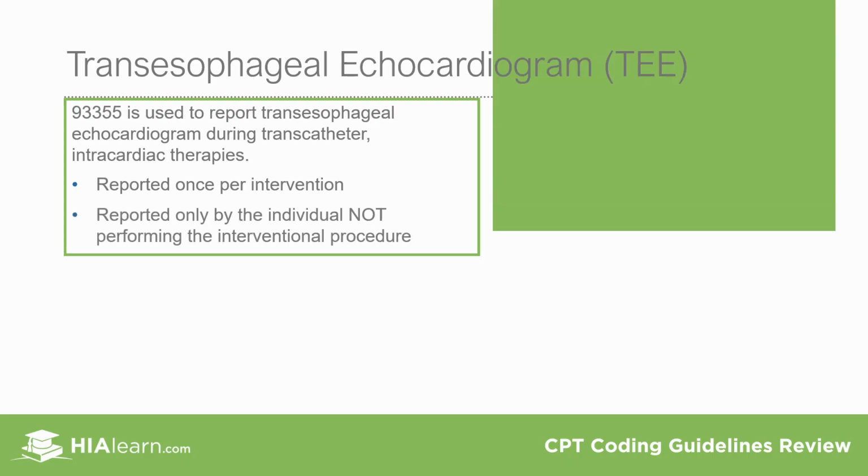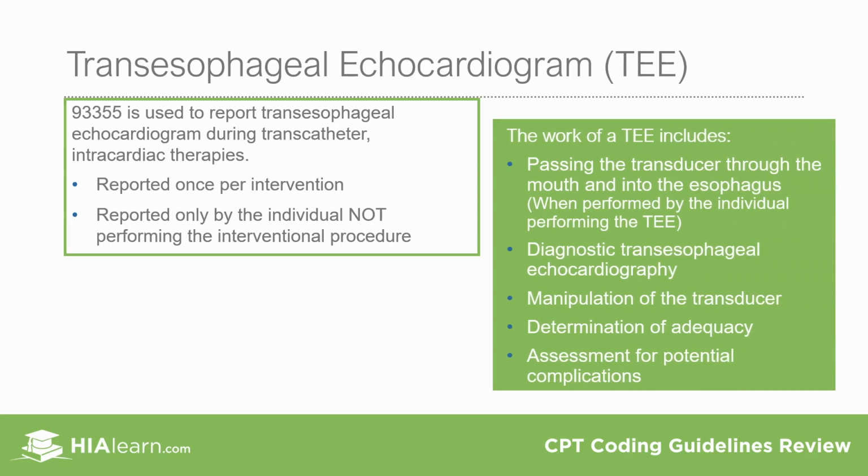Code 93355 includes the work of passing the endoscopic ultrasound transducer through the mouth into the esophagus when performed by the individual performing the echocardiogram, diagnostic transesophageal echocardiography, ongoing manipulation of the transducer to guide sizing and/or placement of implants, determination of adequacy of the intervention, and assessment for potential complications.